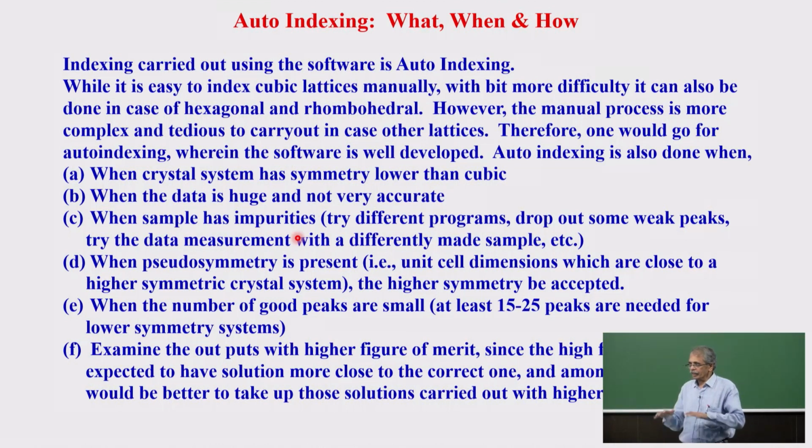Some of them may overlap, they may add up, etc. So a lot of trouble is there. In that case, resolving the peak profiles will not be possible manually. That can be done somewhat better by using certain resolution parameters in the programs. That's why you go for auto indexing.